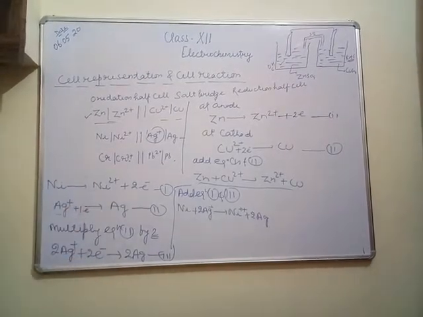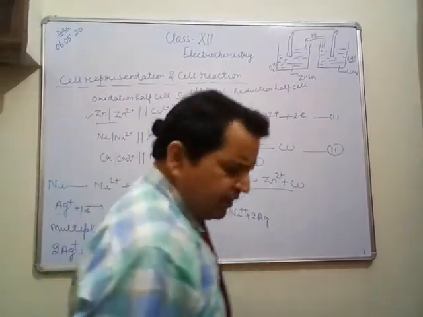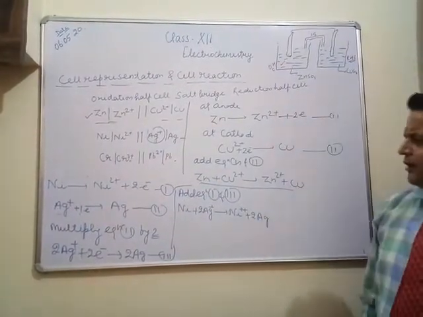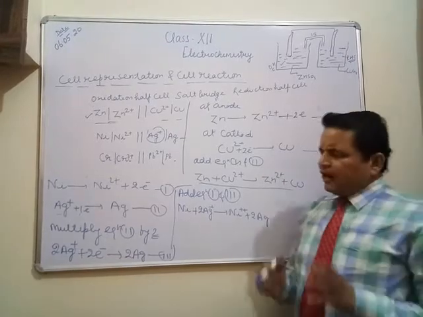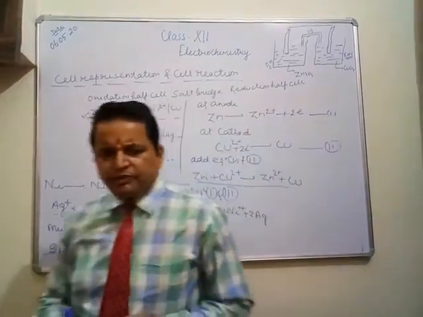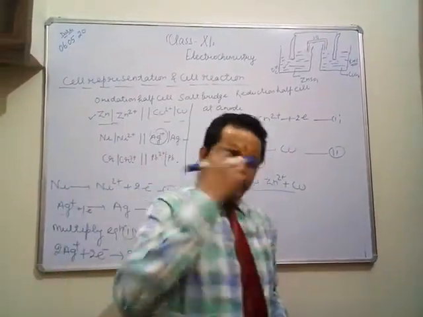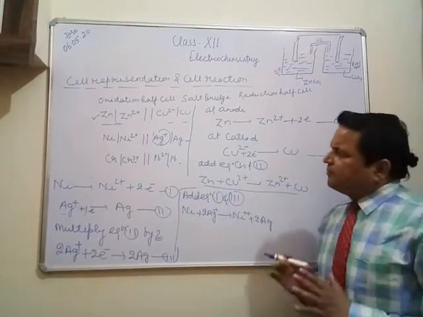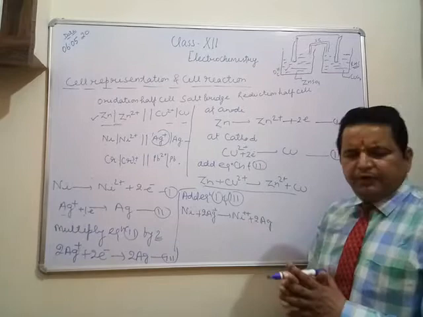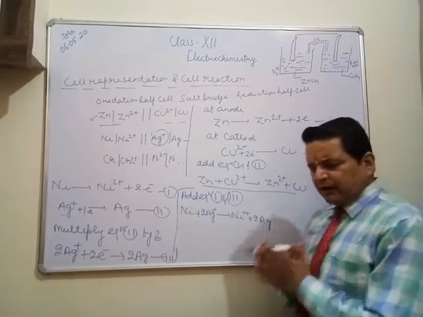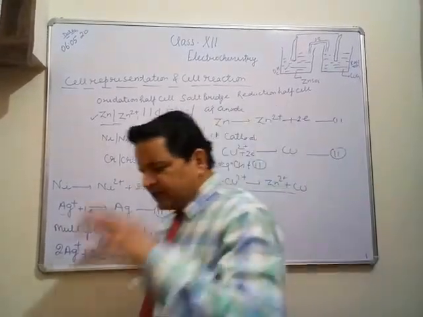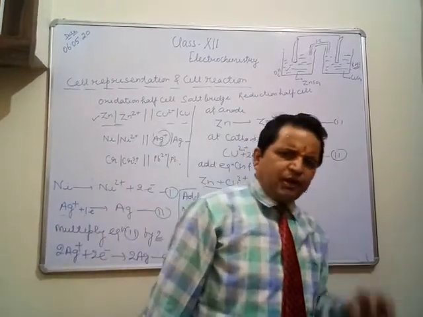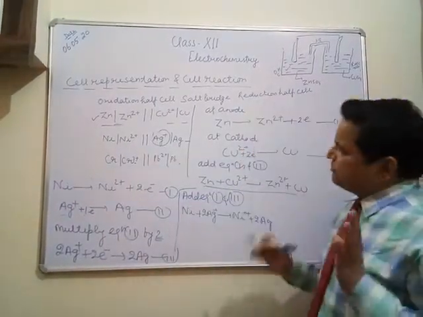Whenever we write down the cell reaction, we will have to write each half reaction, the oxidation half reaction and the reduction half reaction. Then we will equalize the number of electrons transferred, because one electrode loses electrons and the other electrode gains those electrons. Those numbers of electrons should be the same.